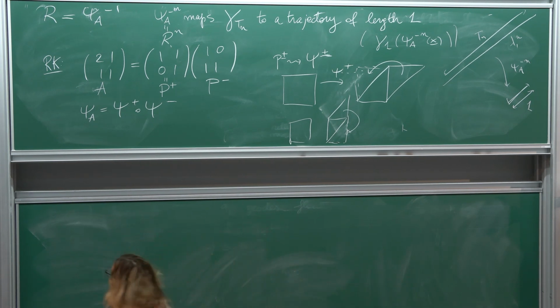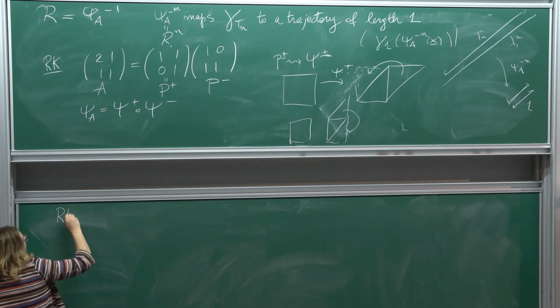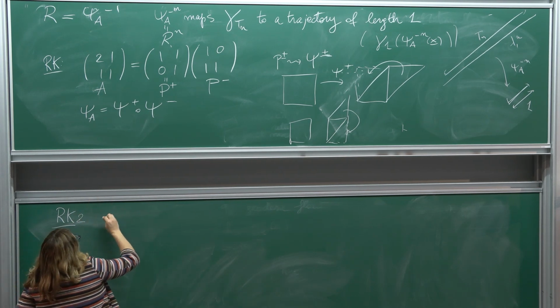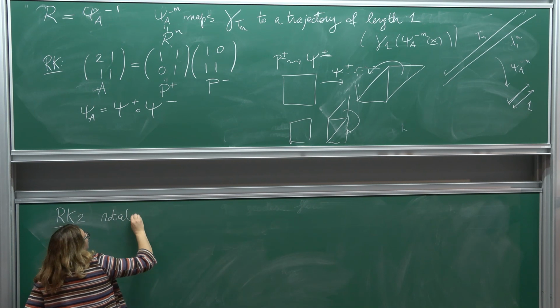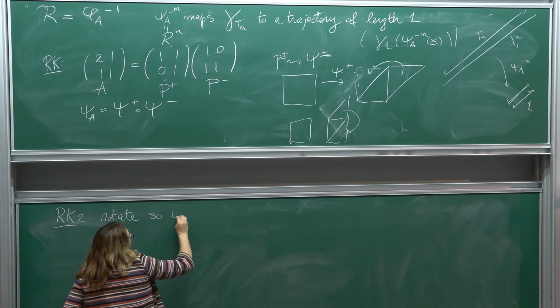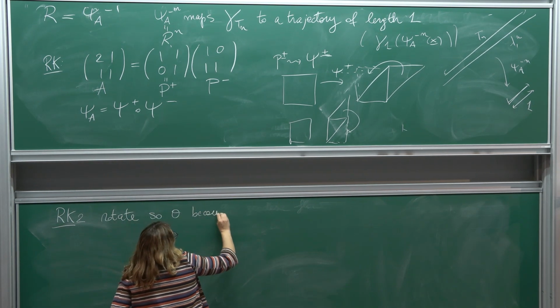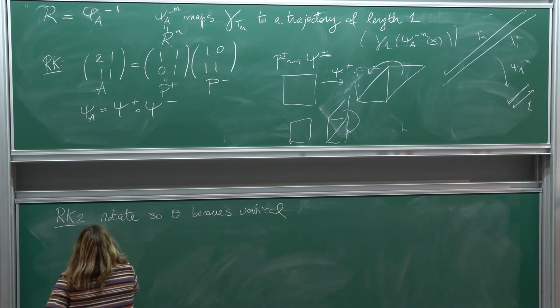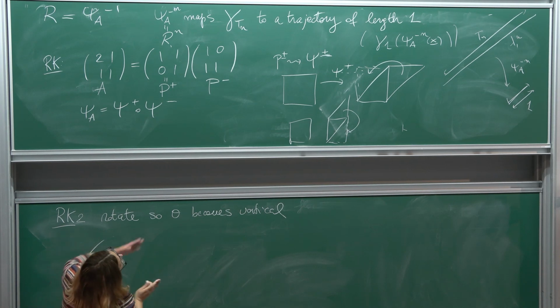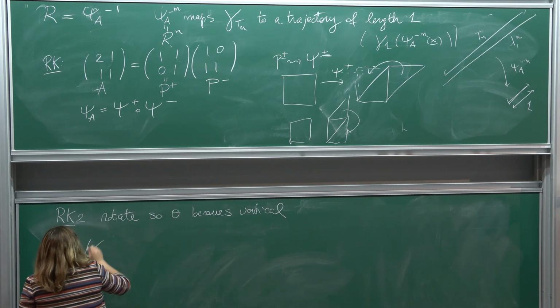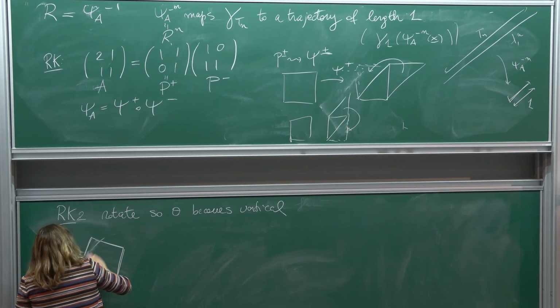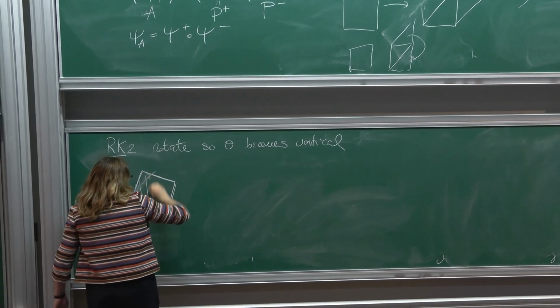Maybe this is a very elementary remark, but again, it will be useful for building intuition for later. Remark 2 is that if I rotate, so theta becomes vertical, I'll draw some picture like this. Theta was somehow slanted, something like this. It's always a square, but I rotate it so that my linear flow is vertical.